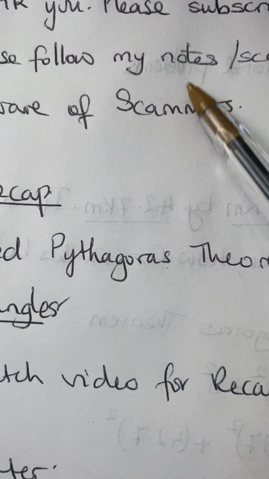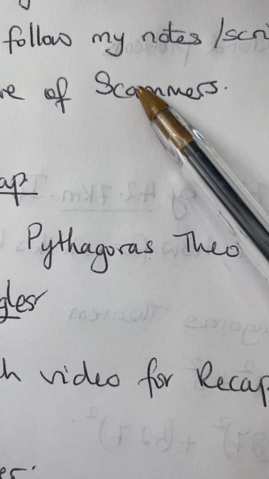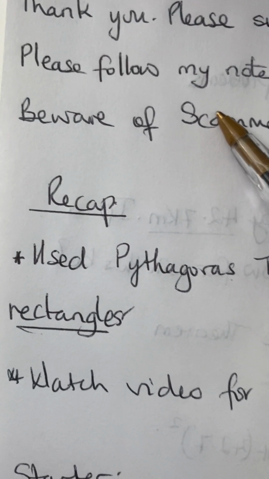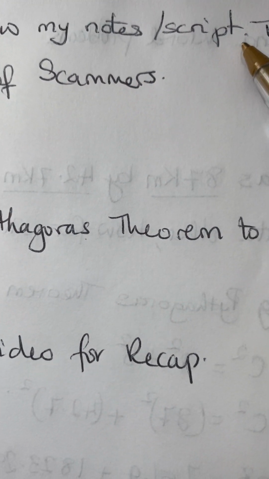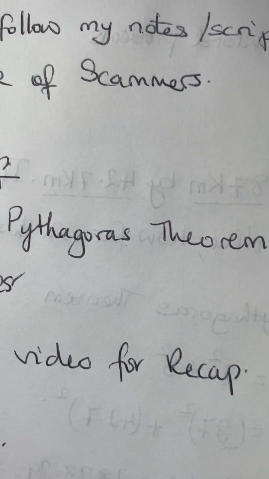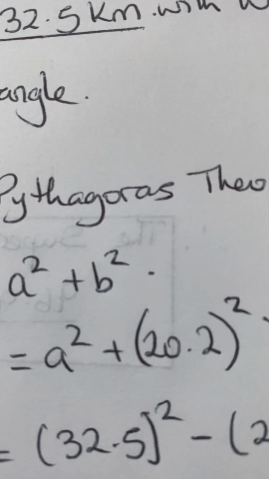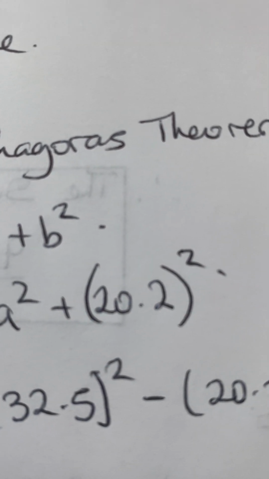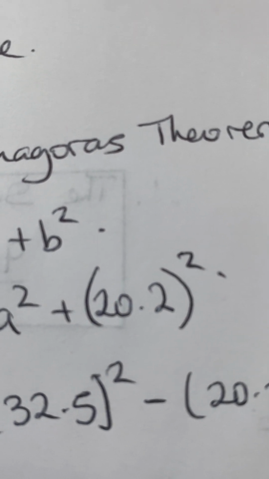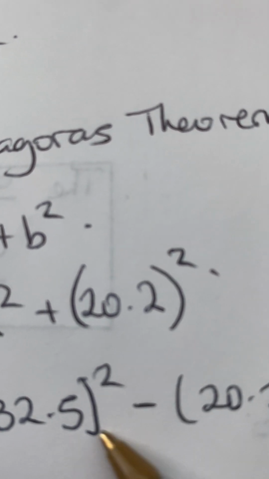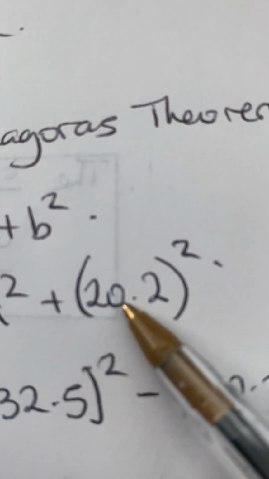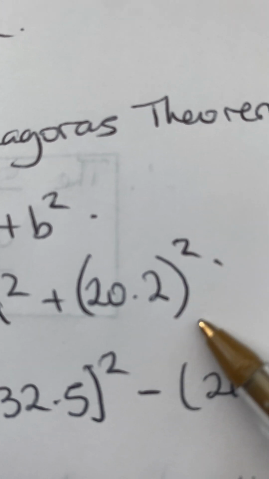In the comment section, I normally write please follow my notes and script. With Pythagoras you have a lot of numbers, but I have checked this. So like this one here, this is 20.2 all squared.